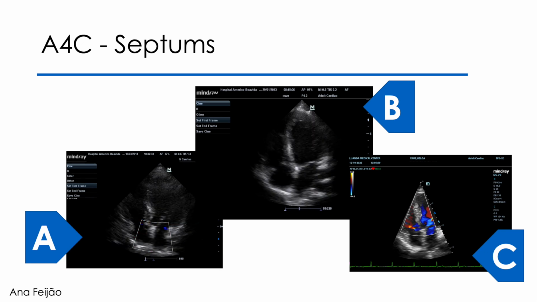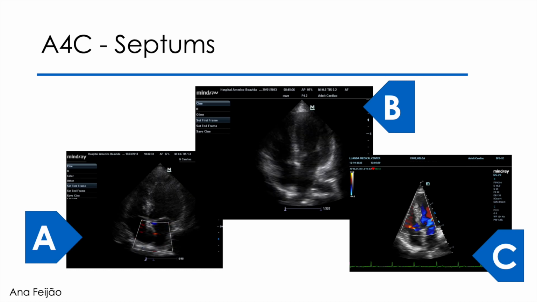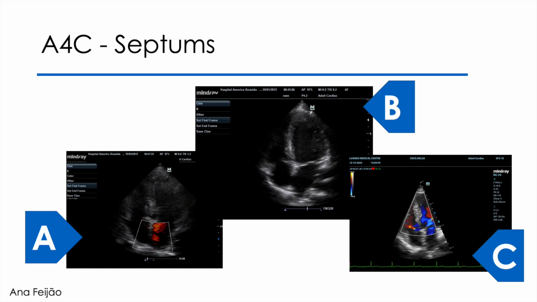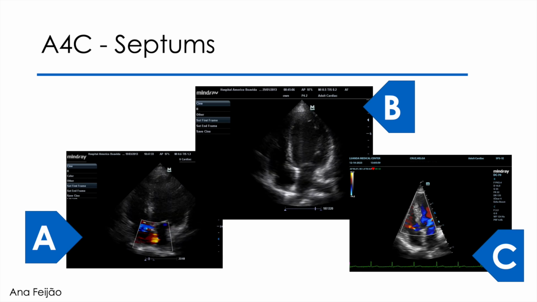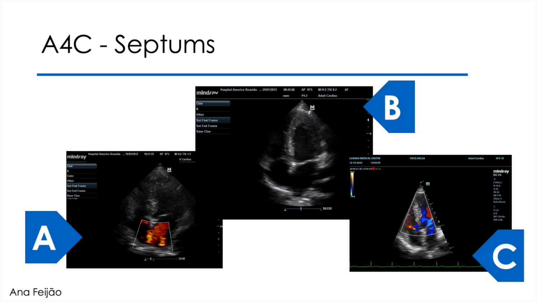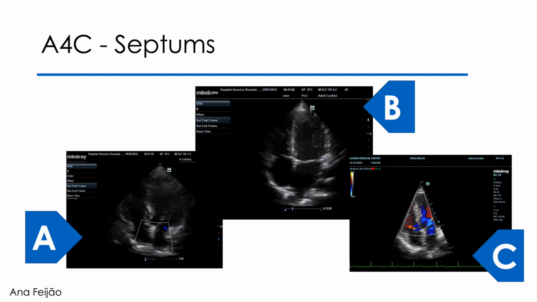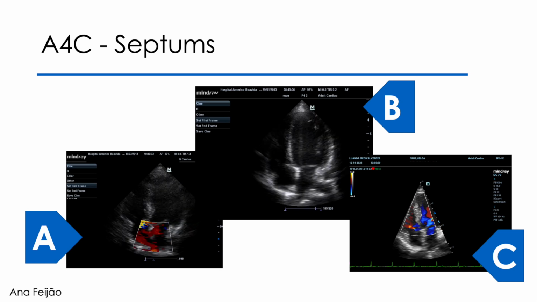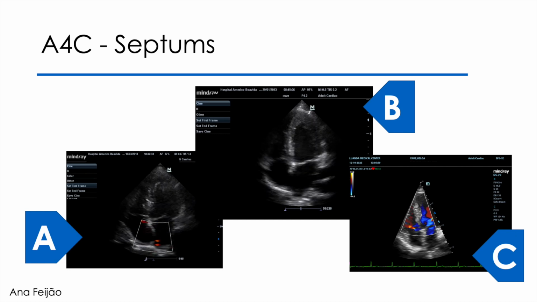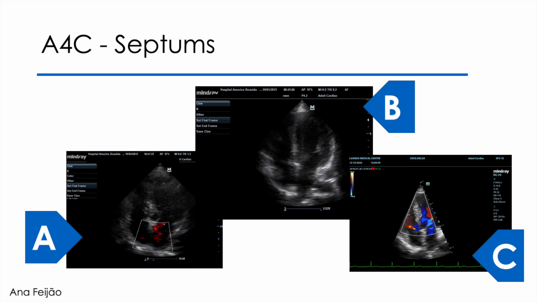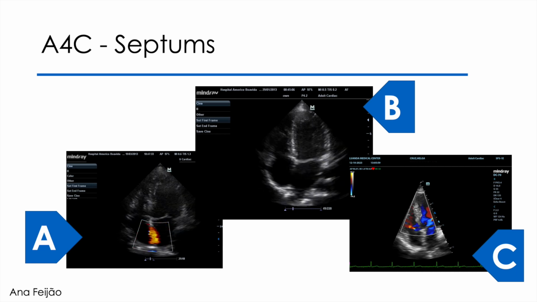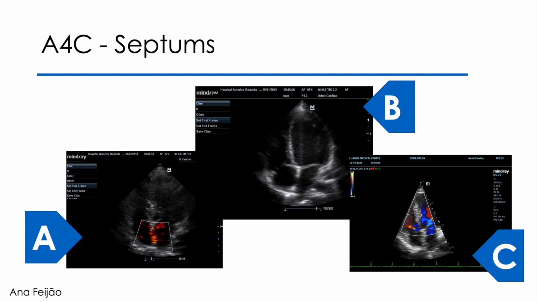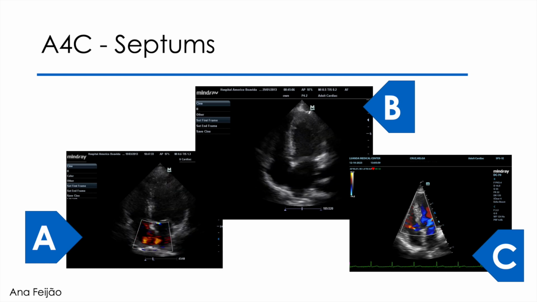It is not the ideal orientation, taking into account that the structures are parallel to the ultrasound beam and it can give artifacts in the image and in the color Doppler, but it is more information that we have for our report. The septum must be evaluated in 2D, and if in doubt, small tilts must be made in order to achieve some transversality between the structure and the ultrasound beam.